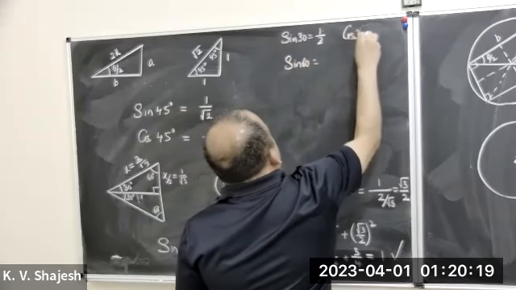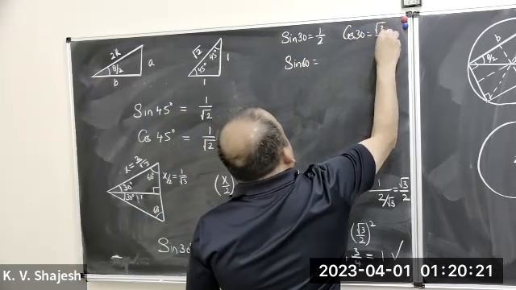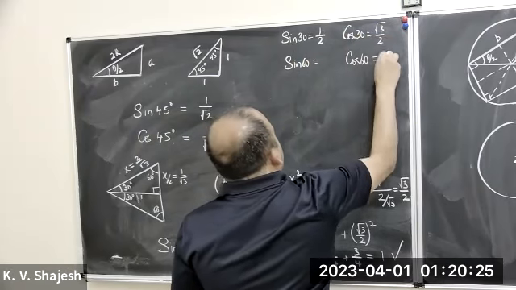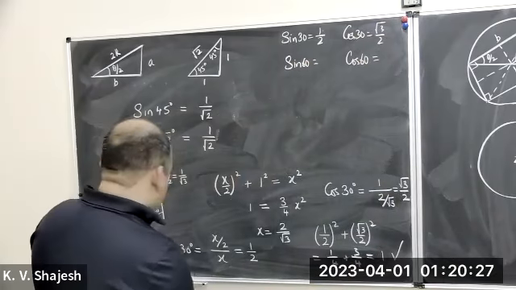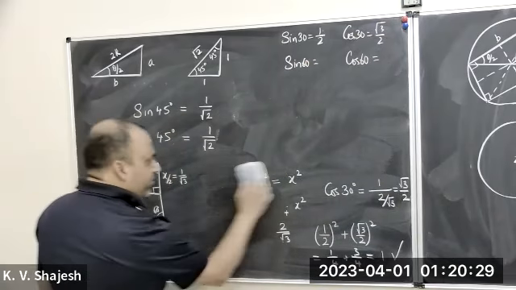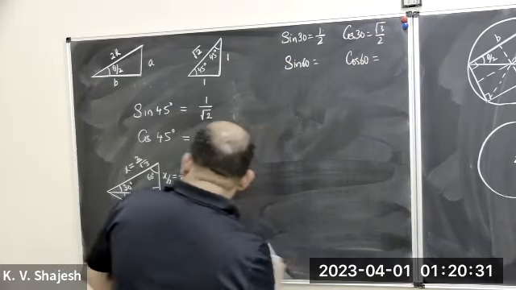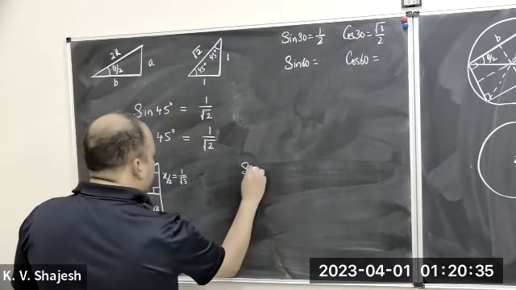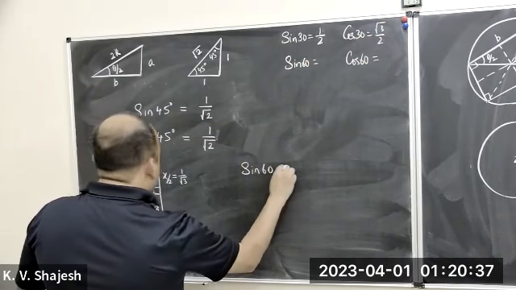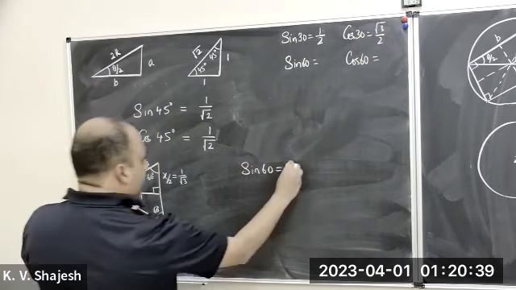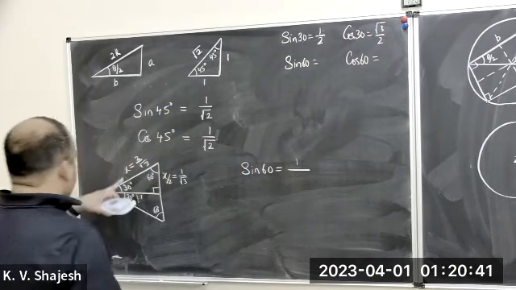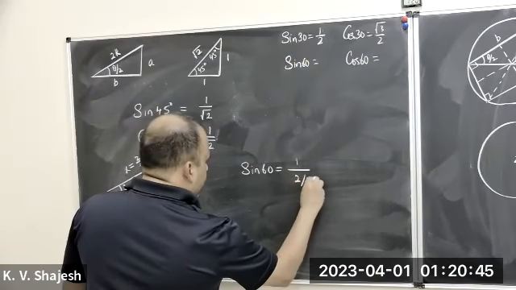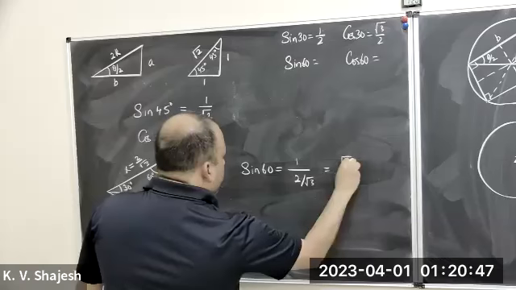Cosine of 30 is equal to root 3 over 2. And cosine of 60, we will try to find out, and then I can erase this stuff also. And sine of 60, just using our ideas, is opposite, that's 1, divided by hypotenuse, that's 2 over root 3. So that's root 3 over 2.